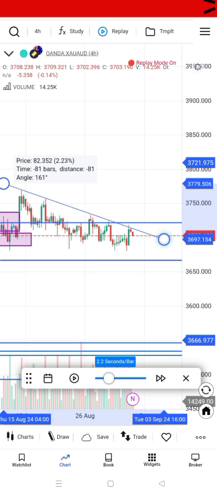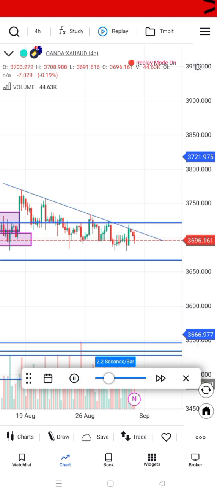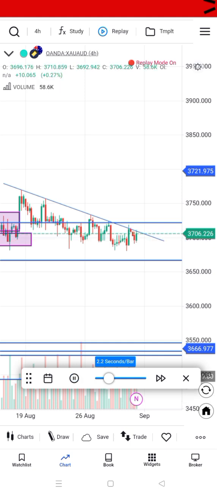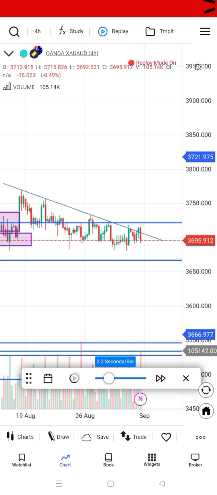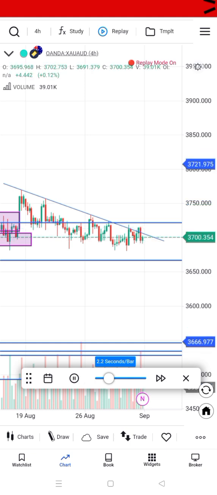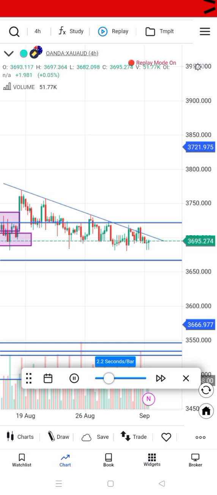So I'll still proceed to align the trend line with the most touches. And you see, whenever the market touches that angle of that trend line, it turns down because it obeys the rules of those trend lines. You see, it has now again come back down.